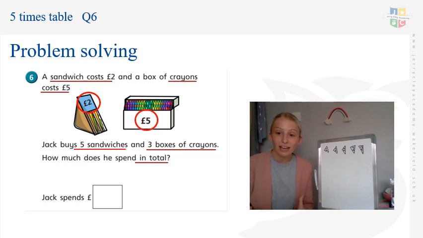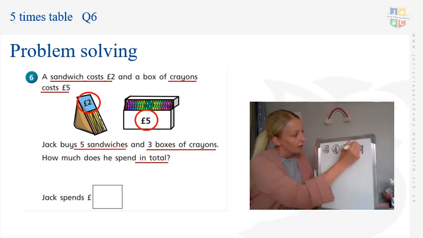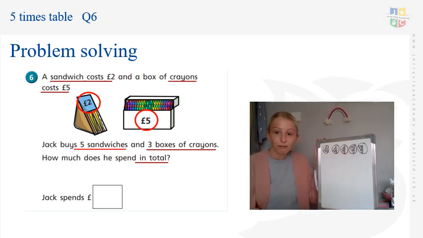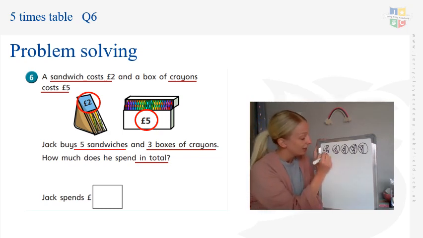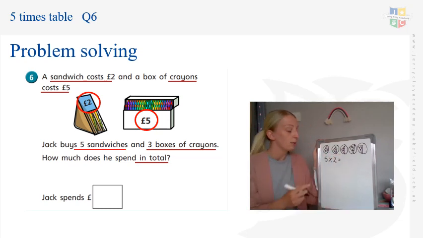So we know that we're going to have to count in twos because I've got 1 group of 2, 2 groups of 2, 3 groups of 2, 4 groups of 2, 5 groups of 2. And remember, 5 groups of 2 is the same as writing 5 times 2. So my number sentence I need to work out is 5 times 2.